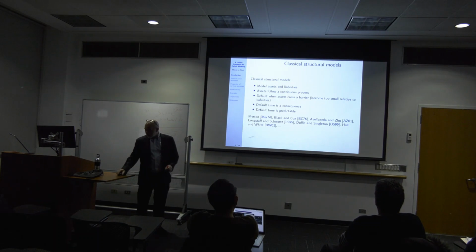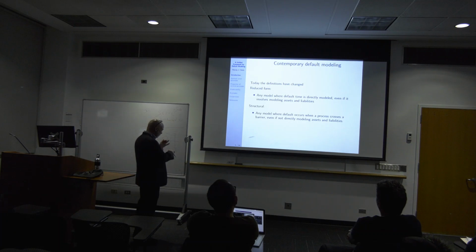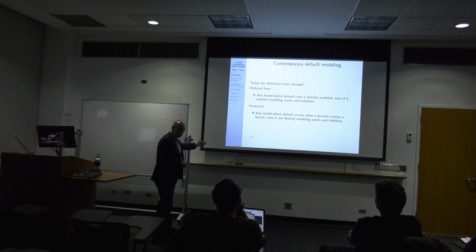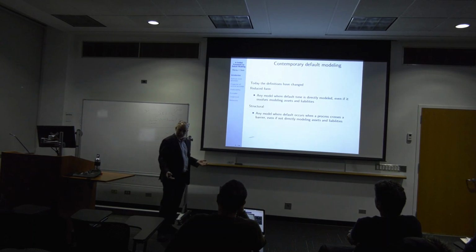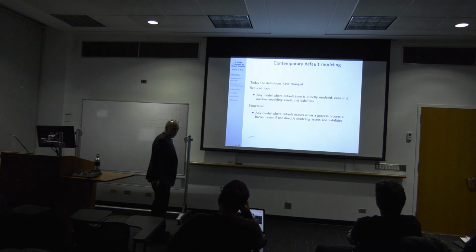Okay, so that's the classical structural models. Now we have the notion of the contemporary default model, which is a little different. Originally the notion of a structural model was that you were modeling the structure of a firm. Reduced form models, you're kind of ignoring the structure, you're just modeling the default time itself.